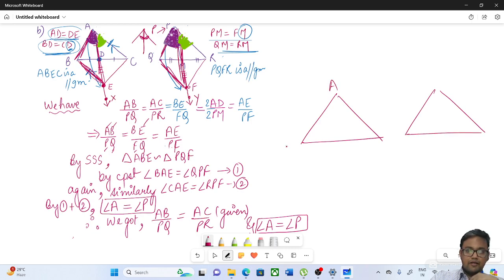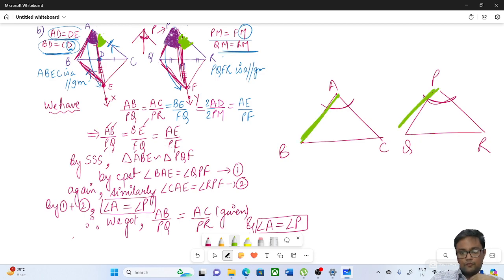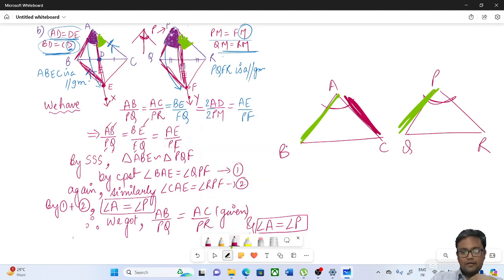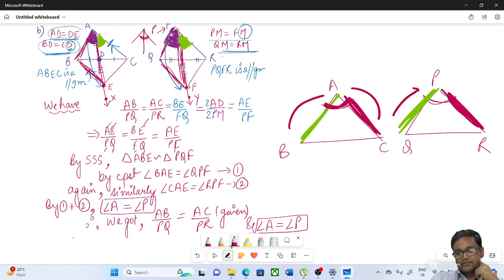This is our triangle ABC, this is our triangle PQR. If this angle is equal to this one, and the ratio of AB to PQ is equal to the ratio of AC to PR, then you can see by side angle side, the angle should be sandwiched between the two sides.